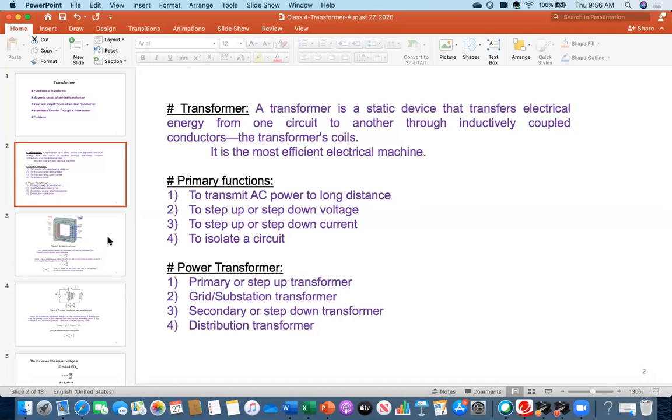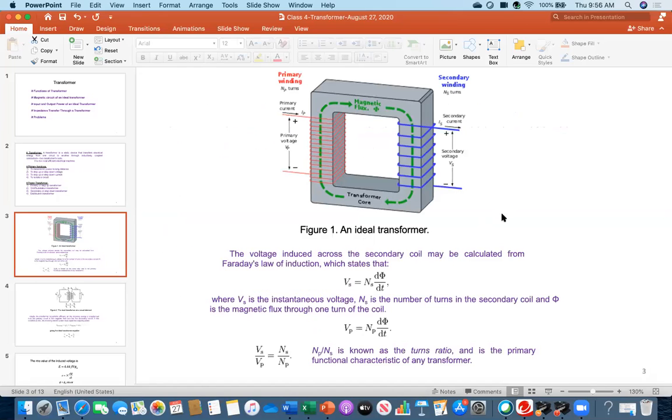Okay, moving forward. Everybody see the working principle of the transformer, and specifically I have used the term ideal transformer. Ideal transformer means we are assuming there is no loss.